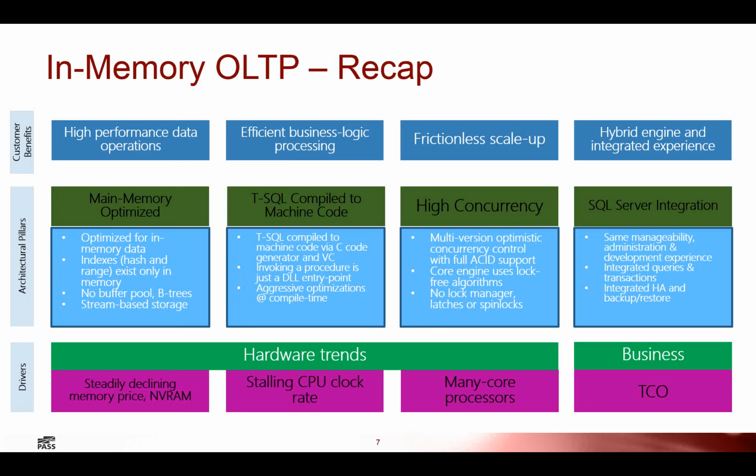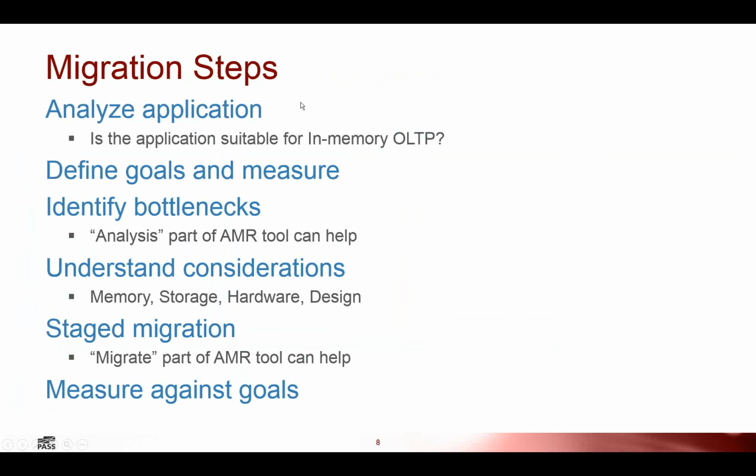How do I migrate our existing work to take advantage of this in-memory technology and use it to improve the performance of the application to the maximum amount? There has been a lot of thought about that inside the product team, and what we came up with is a 6-step process.